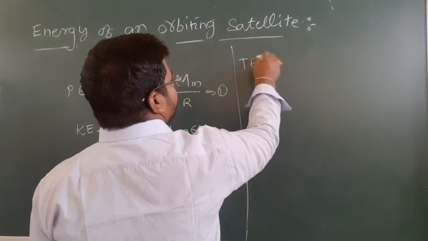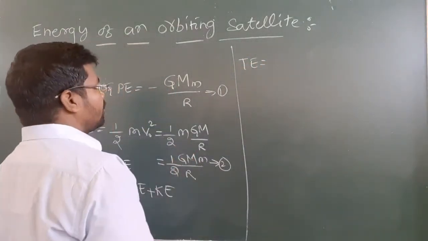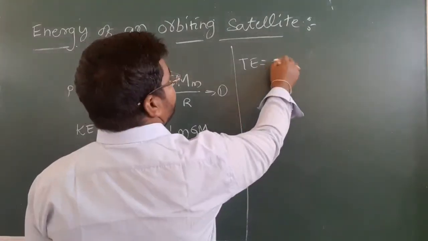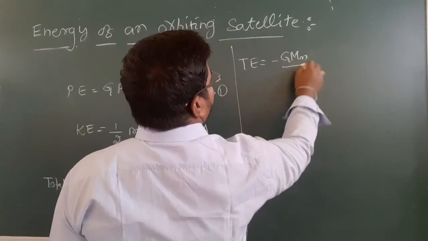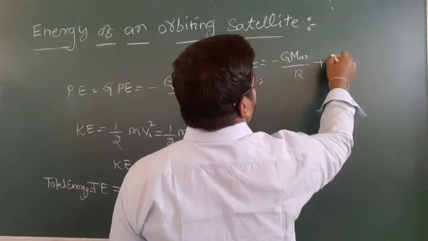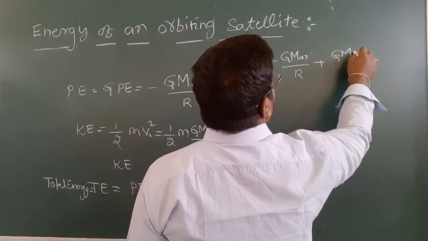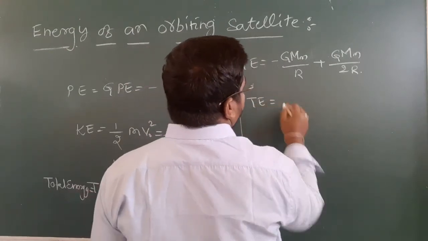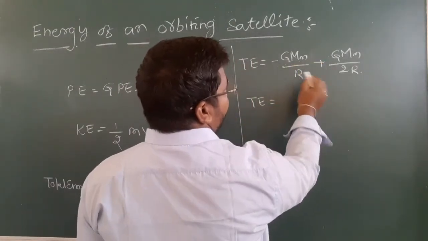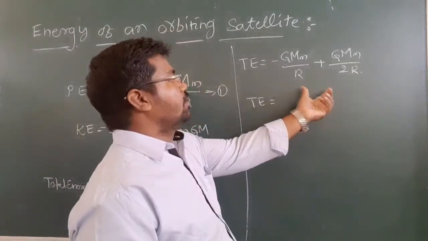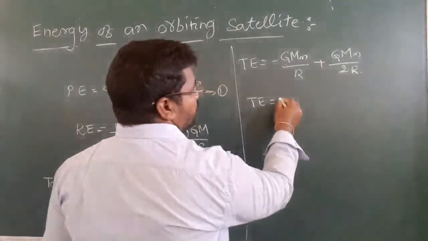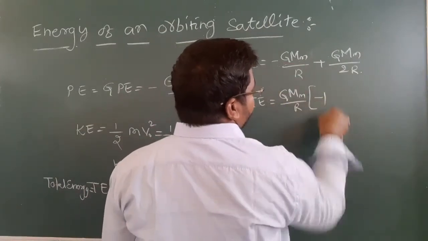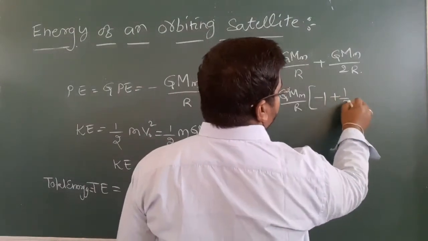So total energy is equal to the sum of potential energy, minus GMm by R, plus kinetic energy, GMm by 2R. TE is equal to GMm by R, taking it common in both. Remaining here we get minus 1, here plus 1 by 2.